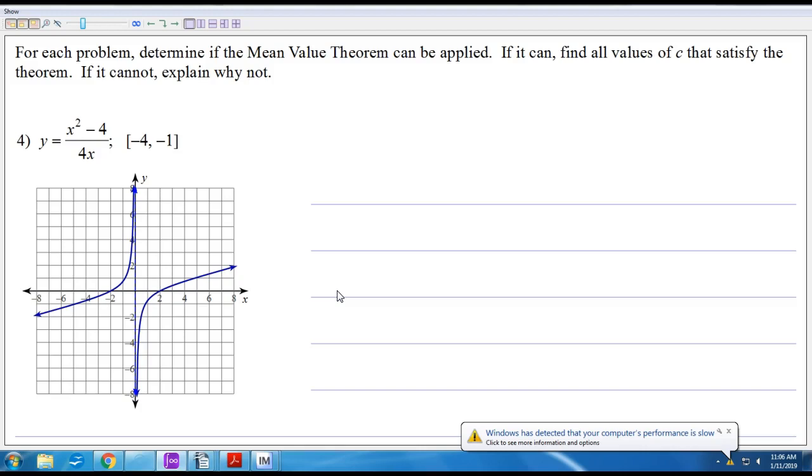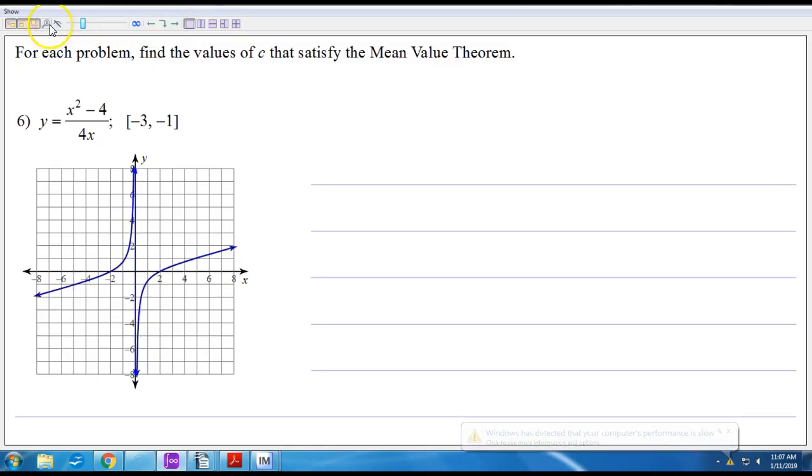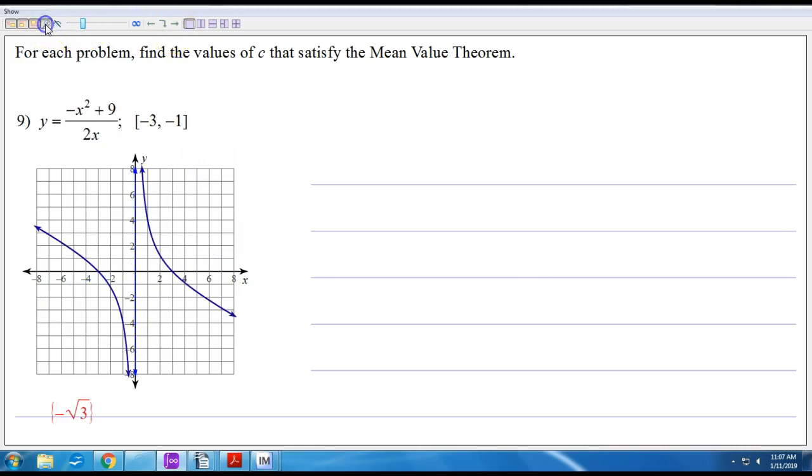Alright, can I erase? Yes. Let me move to the next one. You guys start writing it while I'm erasing. Yeah, that's good.